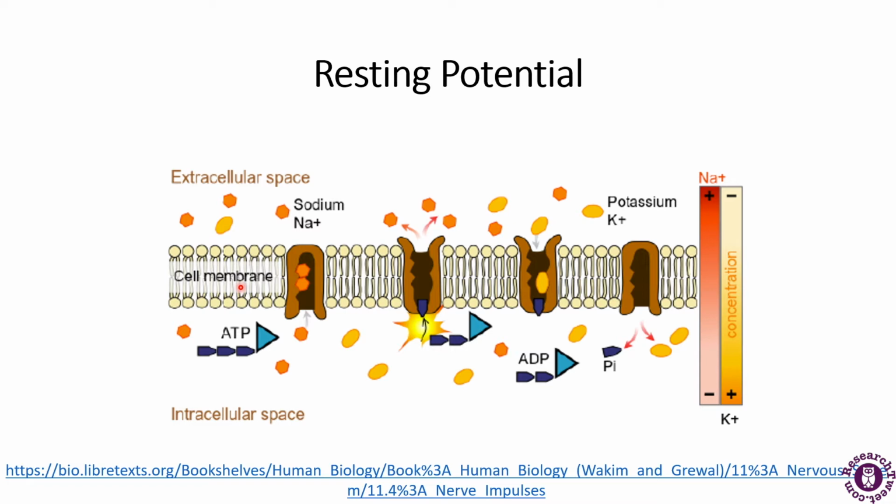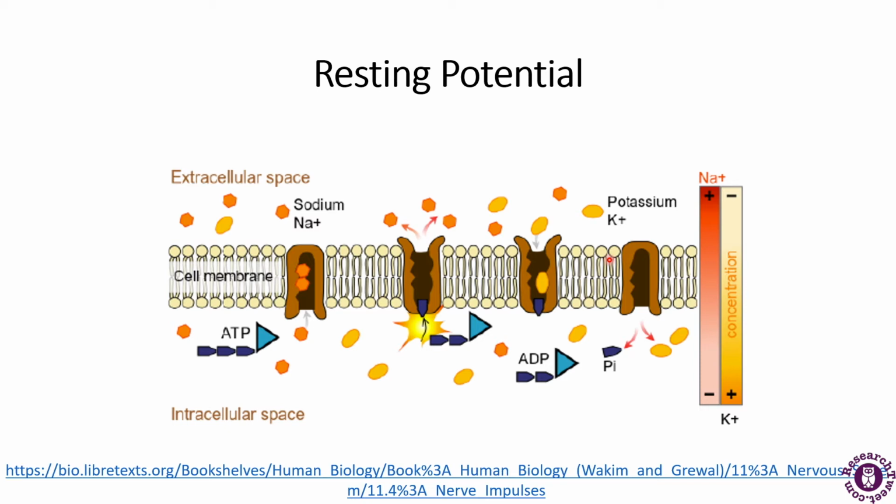So there is a higher concentration of sodium outside the membrane and a higher concentration of potassium inside the cell, due to the unequal movement of these ions by the pump.